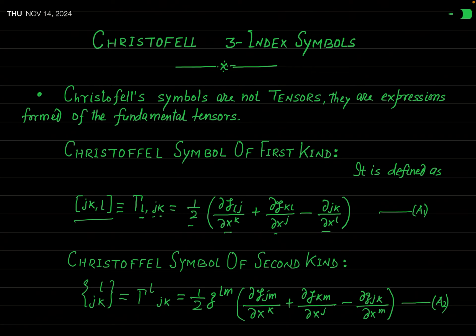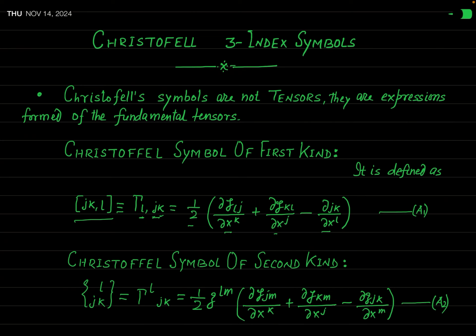It means the index which is left over after l and j, that will be in here. Then you should take k and l, and finally this jk will be taken at the last term, and my minus sign will be before that. In this way you can remember it.